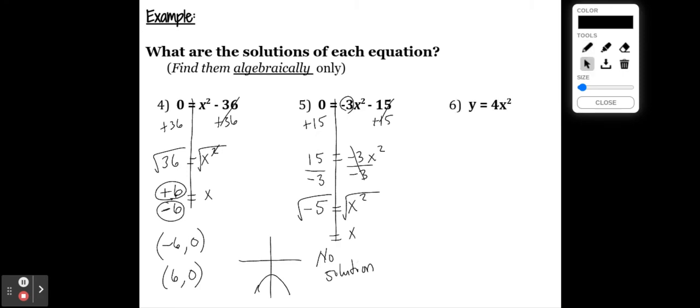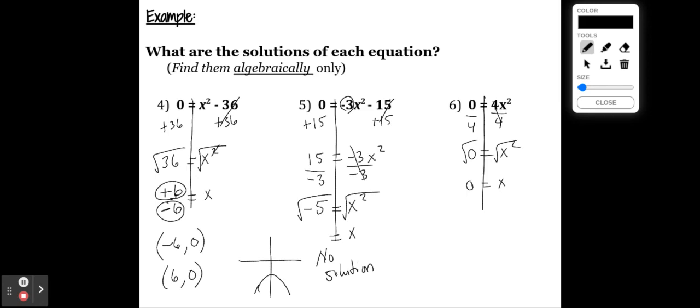Okay, let's see what happens with number 6. So here's your function, y equals 4x squared. Let's make the y into a 0. Divide by 4. 0 equals x squared. The only square root of 0 is 0. So this one's going to have 1 solution.